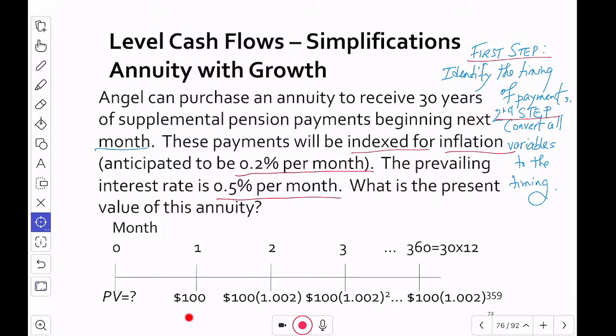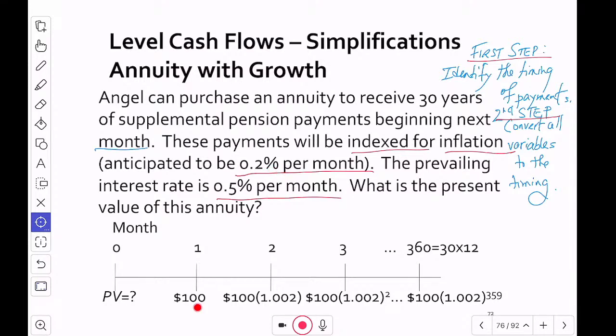Because prices will go up. It's not going to be steady inflation, but we assume it to make our calculations. We assume it's going to be steady at 0.2% per month. We're spreading out the yearly effect by month.